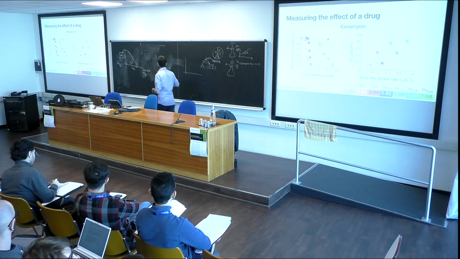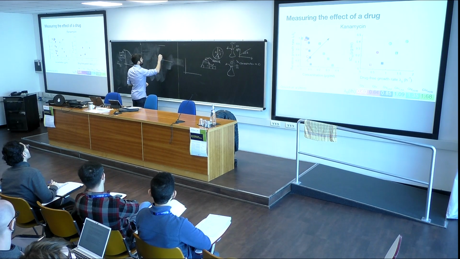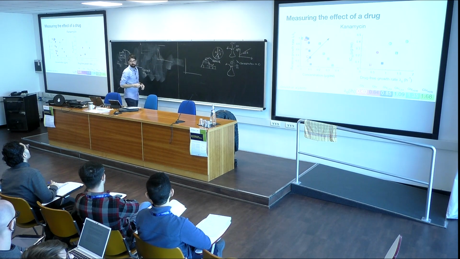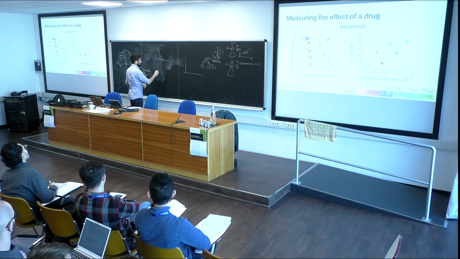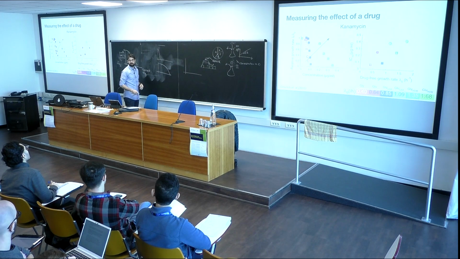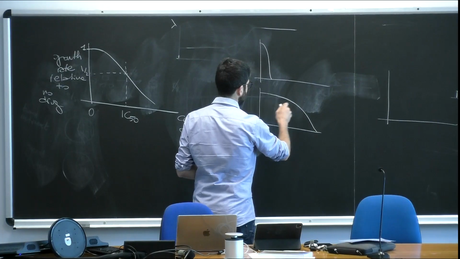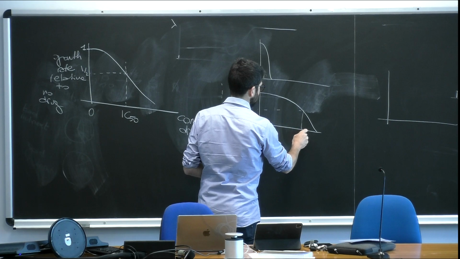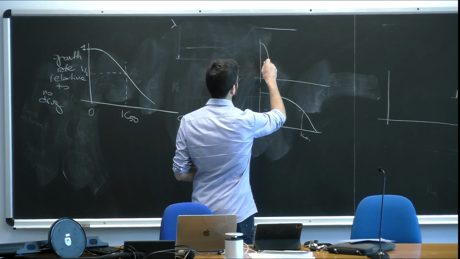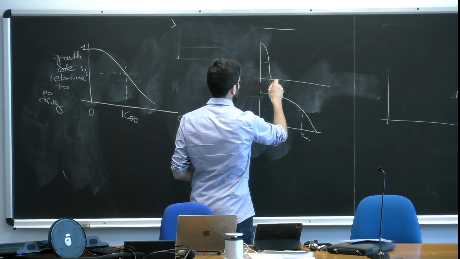No, the point is you could have a profile which is like this, okay? And on the same scale, you have something like this, right? And here you have, I don't know, IC50 which is here, and here you have IC50 which is here.